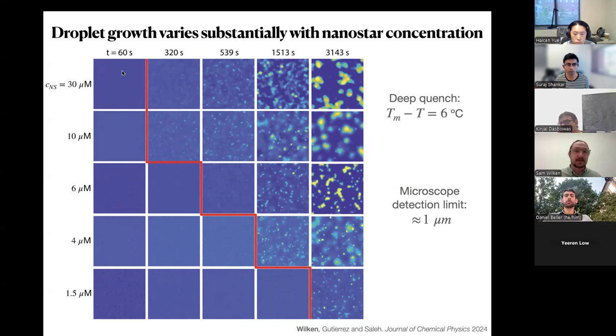So here, on the left, there are no droplets formed, and then on the right, you start to see little flecks floating around before, at late times, you see larger droplets form. The important length scale here is the microscope's detection limit, which is just the point spread function given our microscopy setup. And for us, this is about a micron. The qualitative behavior is that for high nanostar concentration, droplets form quickly, but at lower and lower concentration, it takes more and more time for droplets to grow to this micron size.